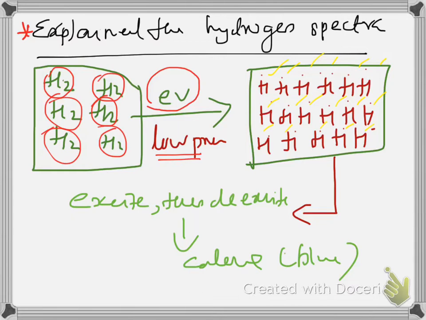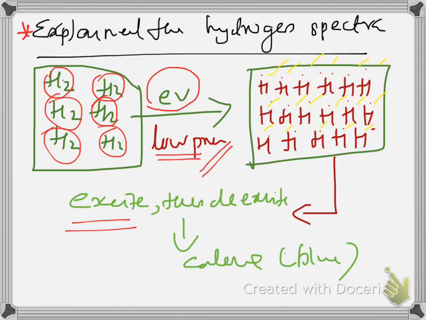These electrons can accept energy from the applied electric potential or from the heat generated. This energy leads to the excitation of electrons.